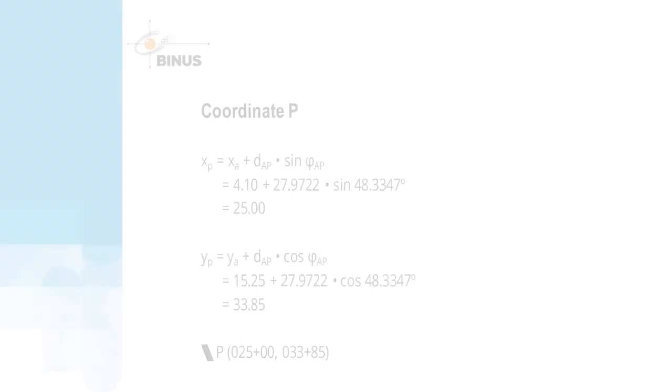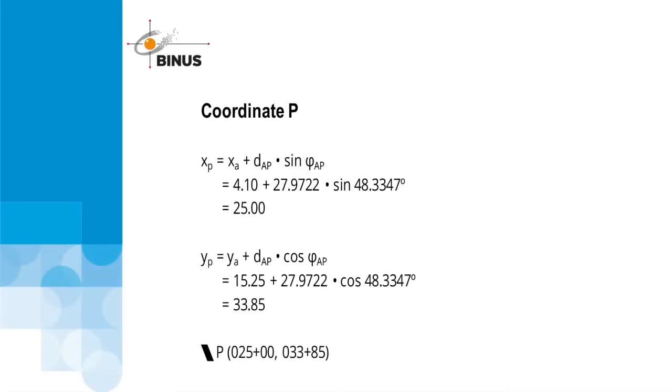The seventh step is to calculate the coordinate of P from point A. XP is equal to XA plus the distance of AP multiplied by sinus azimuth AP. And here you will get the coordinate of XP equals 25.